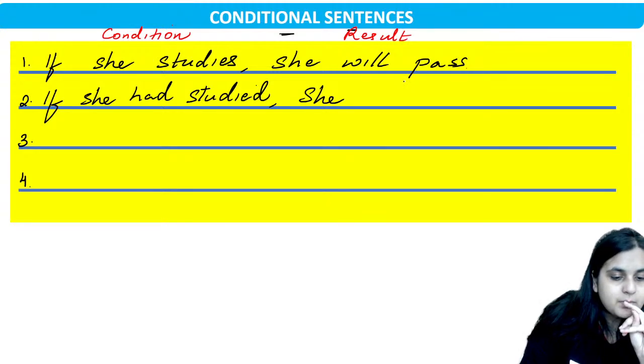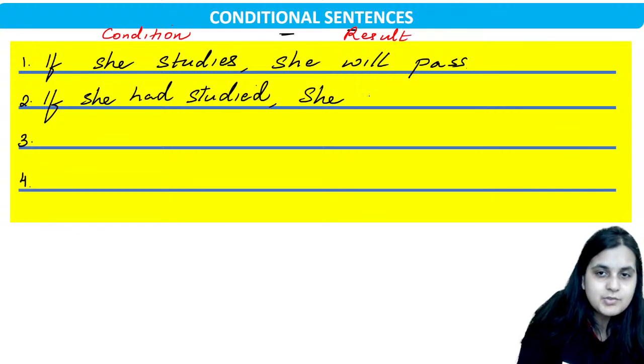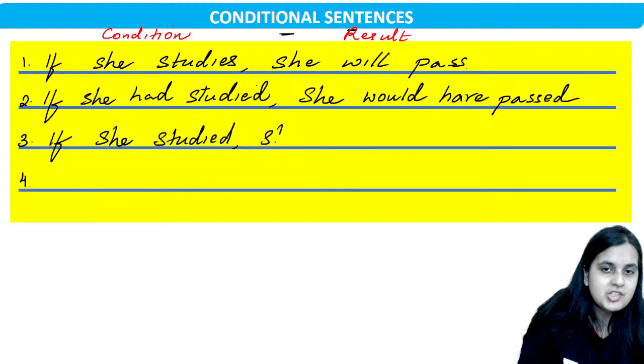Come on guys, it won't be she shall, she could no, it will become she would have passed. If she had studied, she would have passed. We'll understand the difference, wait. Third one, if she studied, she would pass.